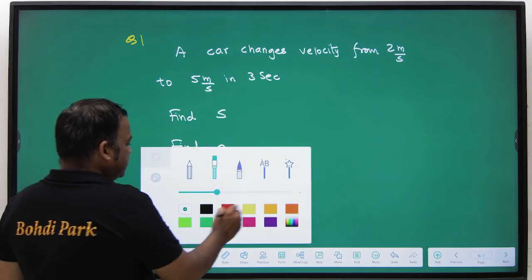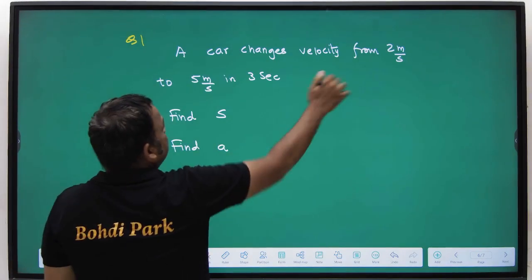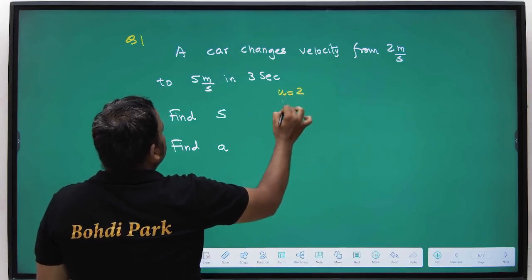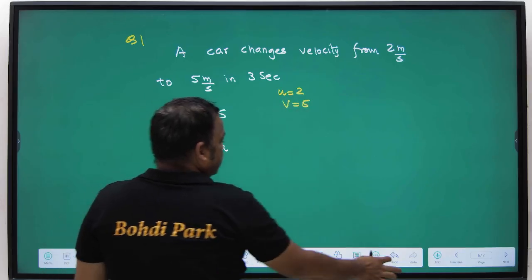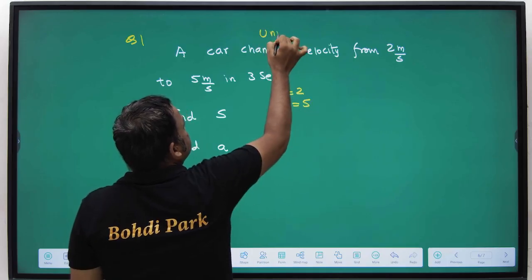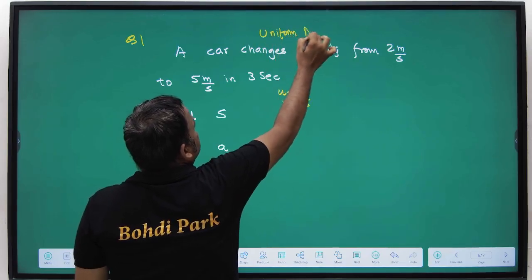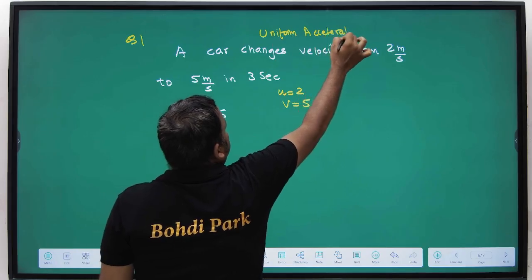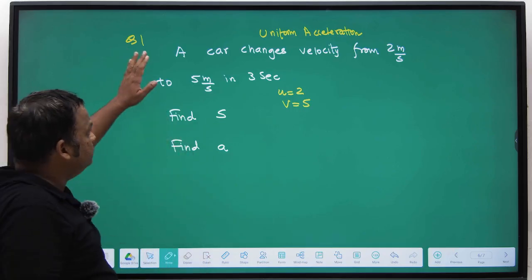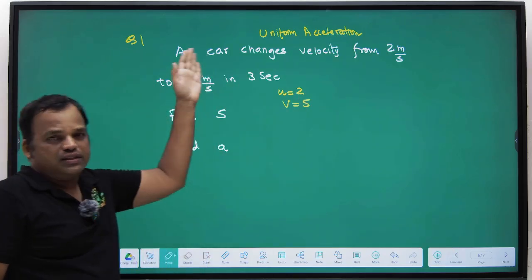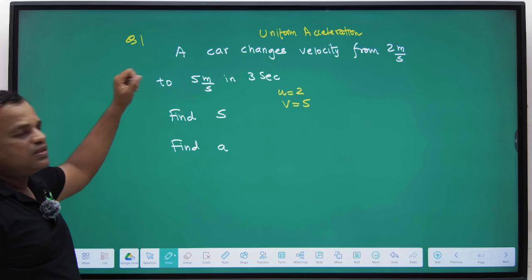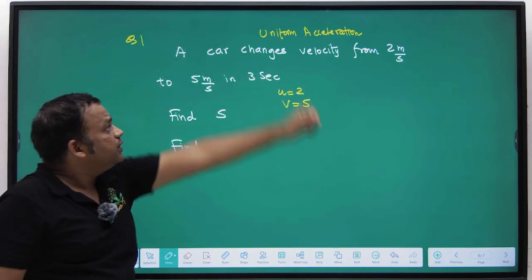So we will write what is given first. Changes its velocity, so from 2 to 5. So acceleration is constant, it is understood that uniform acceleration is there. Uniform acceleration means constant acceleration. We don't know how much is the acceleration, but in these type of questions, the acceleration is uniform. Sometimes it is mentioned in the question, sometimes it is not mentioned, so you have to assume it is uniform.